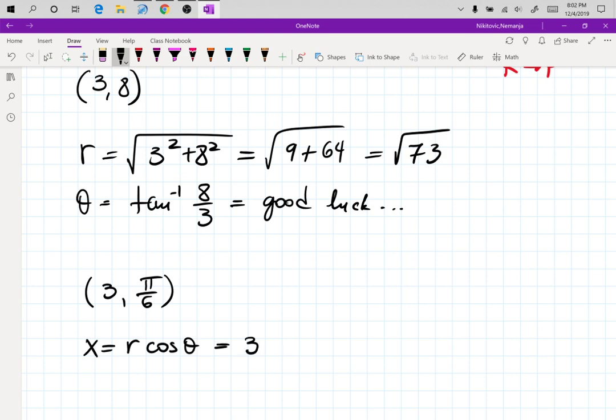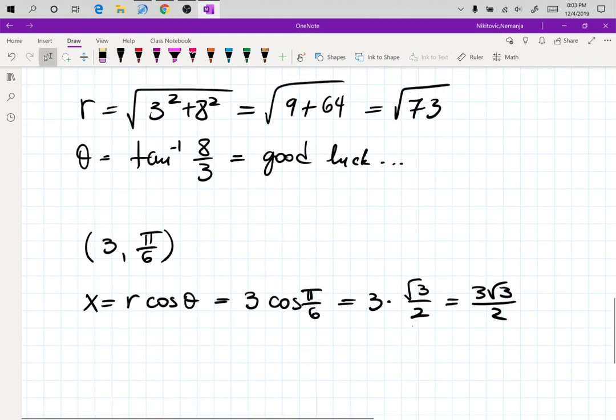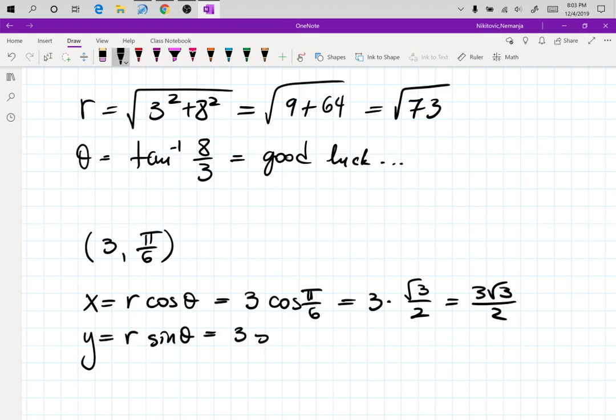That's 3 times cosine of pi over 6, which is 3 times root 3 over 2. So good luck with this. Not beautiful, right? And then your y is somewhat nicer: 3 sine pi over 6, which is 3/2. But still, 1.5.